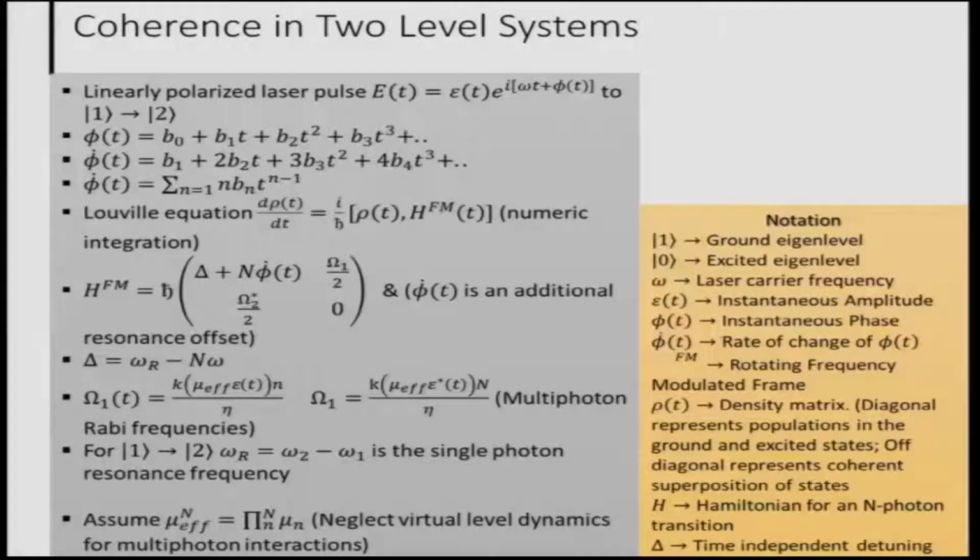In terms of coherence of the two levels, linearly polarized light which is available from such laser pulses can make the two states go through the interaction where they are getting coupled in the dipole limit, which can then be written in terms of either the phase being expanded in terms of the Taylor series or its derivative, which is the frequency. The entire process of their interaction, when it is being looked at theoretically, is done through simulation of the Liouville equation, which is a time dependent form of evolution for the ensemble rather than a single wave function.